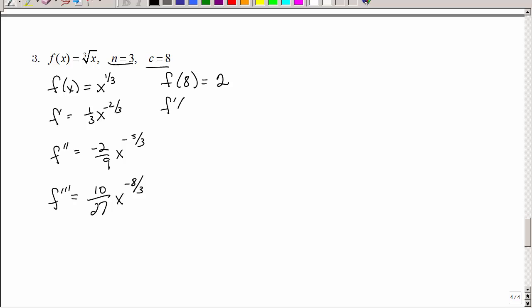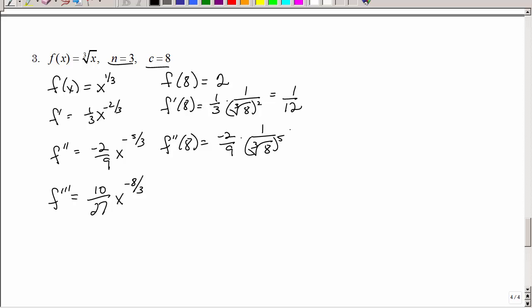So our first derivative evaluated at 8 would be, let's see, 1/3 times 1 over the cube root of 8 squared. The cube root of 8 is 2, squared is 4, so that's going to be 1/12. Our second derivative is going to be negative 2/9 times 1 over the cube root of 8 to the 5th power.